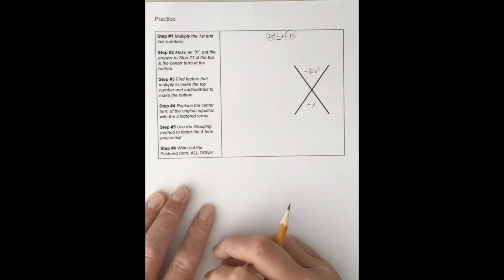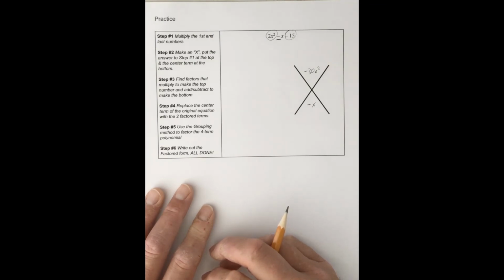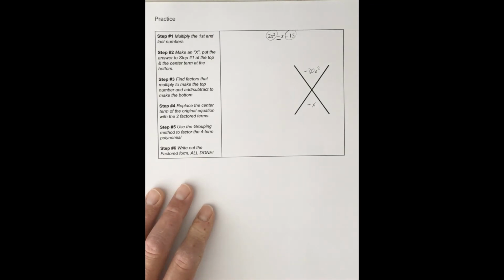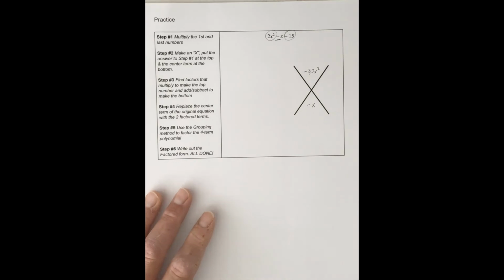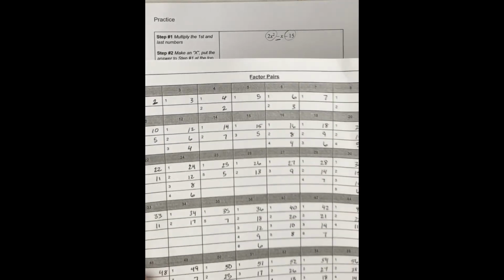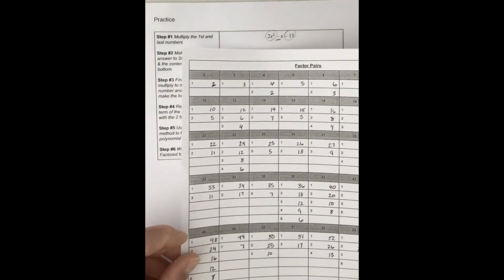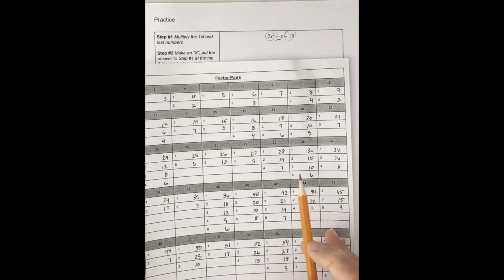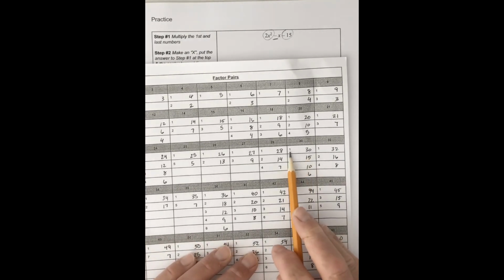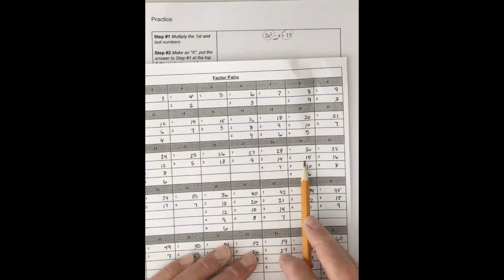So now I'm looking for a number that can multiply into 30 and add into 1x. Well, I can take my factor pairs, and I go to my 30 and I look for any factors that could potentially subtract into 1.